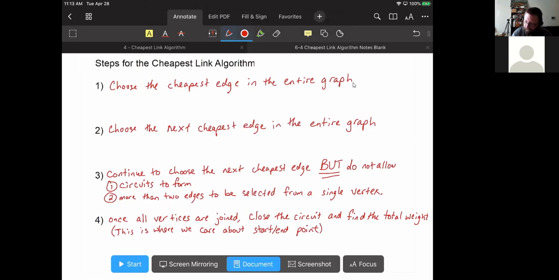While we're doing the actual algorithm, we do not care at all what the problem says to do in terms of starting and ending, okay? We are just literally going to pick the cheapest edge over and over and over again, except we are not going to allow any circuits to form, okay? And we are not going to allow more than two edges to be picked from any vertex, okay? So those are going to be our steps.